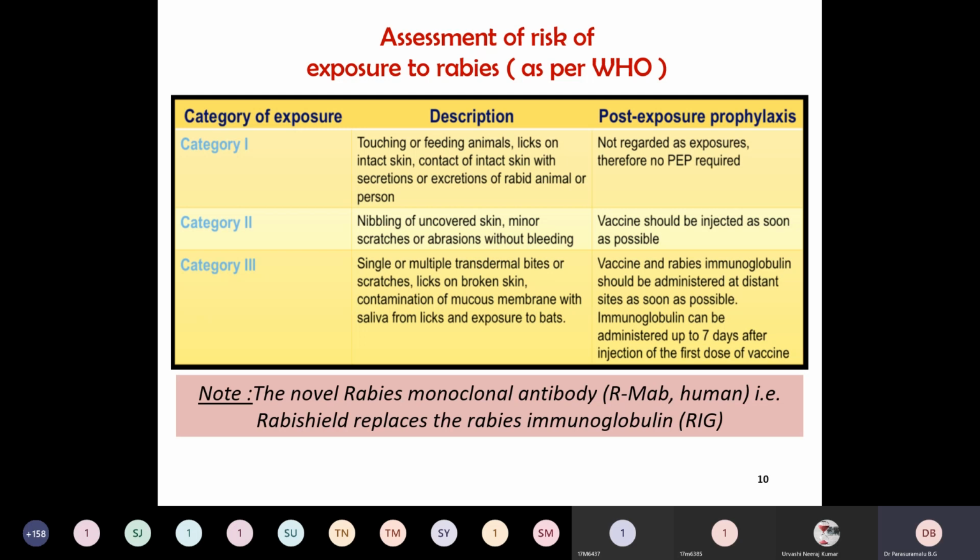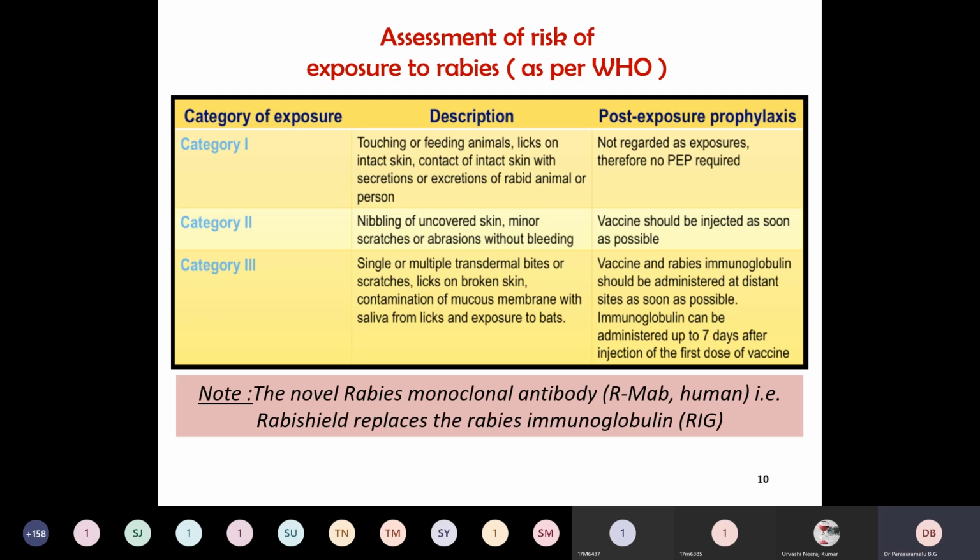Poor knowledge of outcome, and soft skin, even minor wounds may result in category 3 exposure. It is cost effective because of non-availability and non-affordability of RIG or ARS. So re-exposures are common in case of children. That's why they require this pre-exposure prophylaxis, and this is important for children.